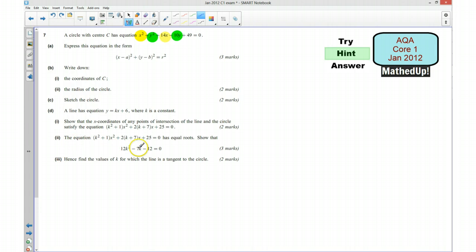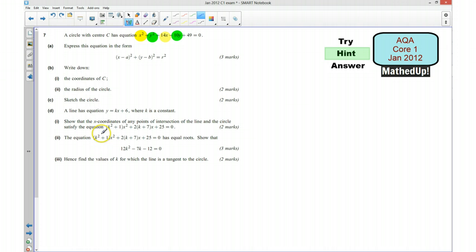Okay, for the second part of this, we're told that this equation has got equal roots, so we want to show that we can turn that information into this equation here.